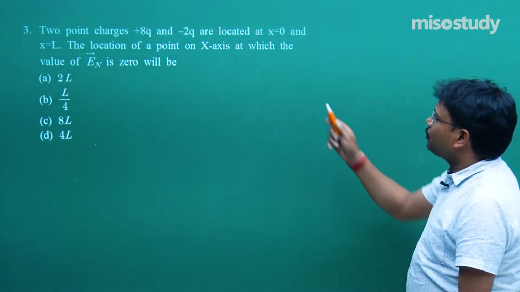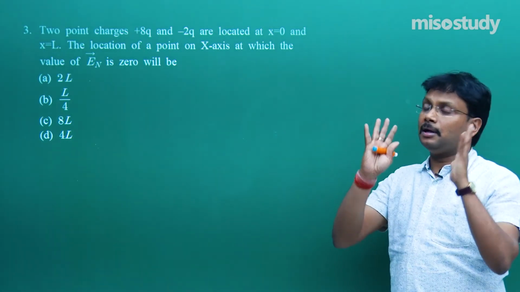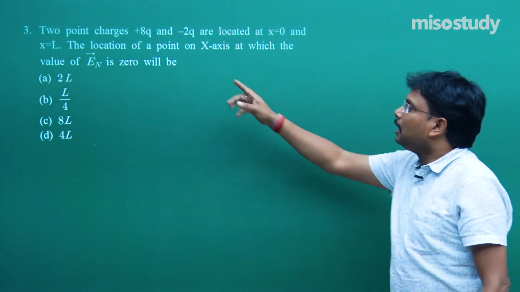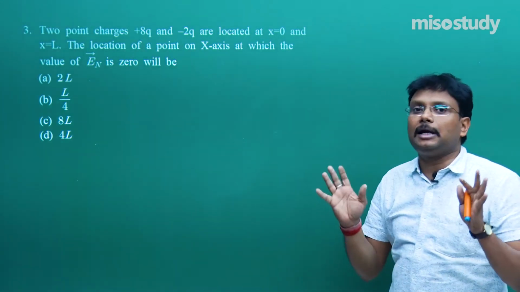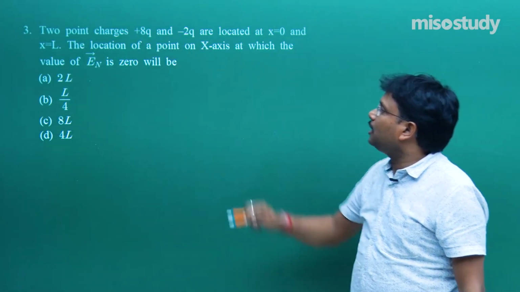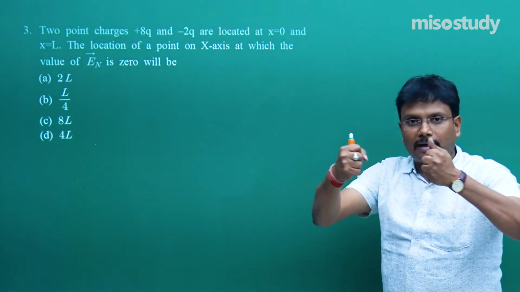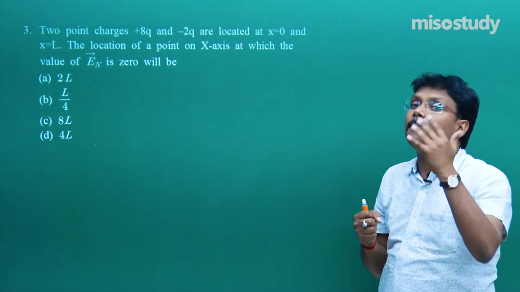The very simple thing that should come in your mind is that the distance between 8q and 2q is capital L. Because one is positive, another is negative, so they are going to attract each other. So the sign of the final force is going to be with minus sign.